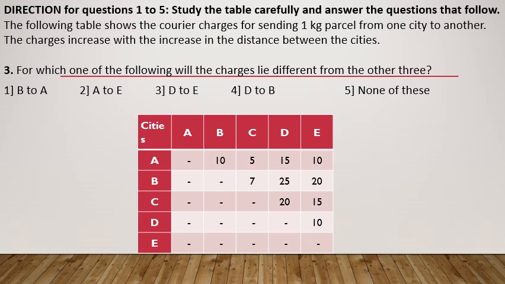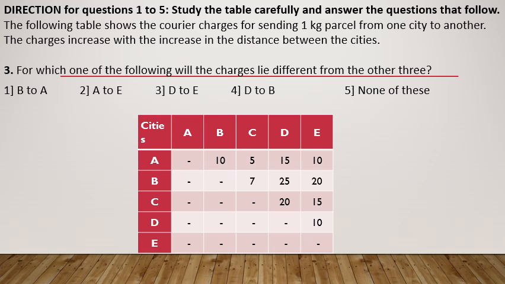If we check D to B, here the price is 25. The charges will be different for D to B, and the charges are 25. So the answer of this question will be fourth, right?